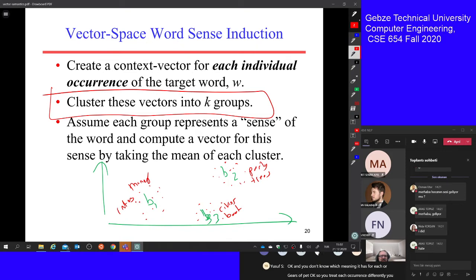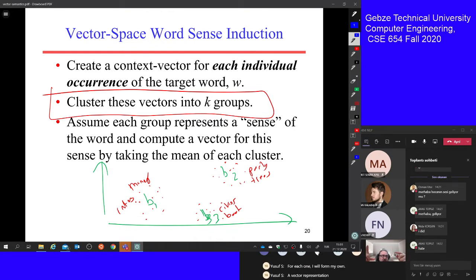So you treat each occurrence differently. Let's go to the example of the bank. I have 100 occurrences of bat, and for each one I will form my own vector representation.